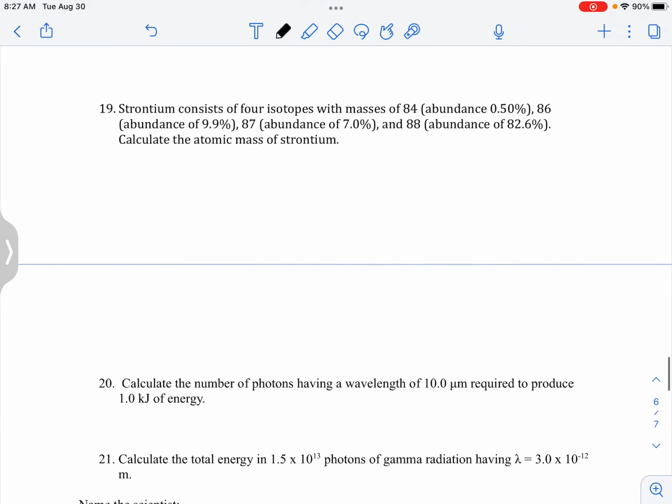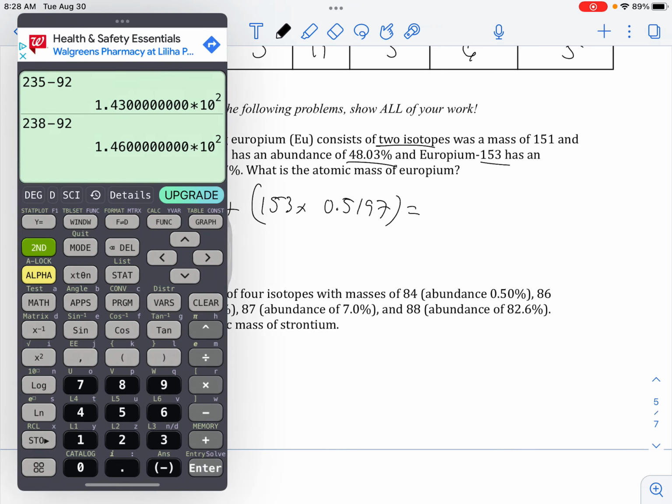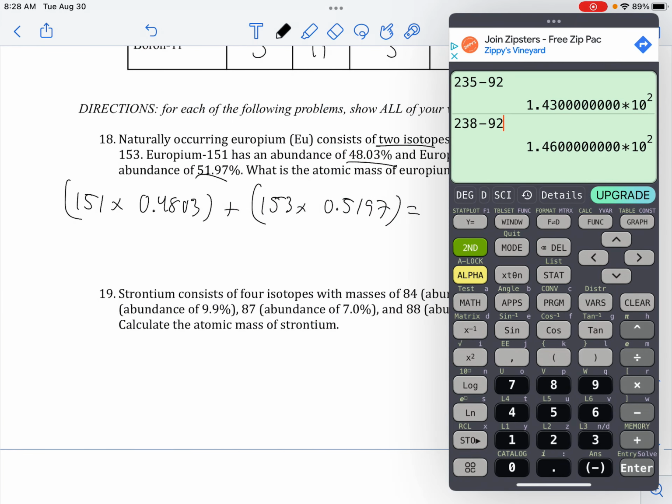Okay, we kind of did some of these problems already, but just going to do them again. We have two isotopes. We have 151 and 153. So 151 is the atomic mass and abundance is 48%. So I put it in decimal form and we add that to the next guy, 153 times 51%. Okay, remember that it's out of 100, so I've got to move the decimal over 2 times.